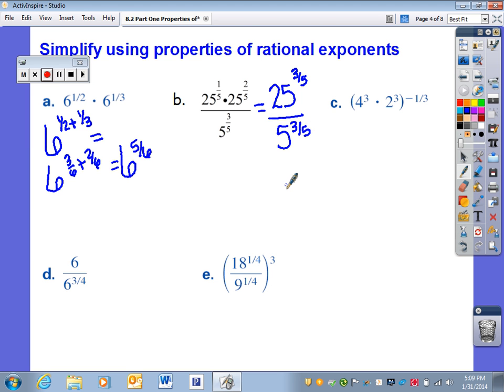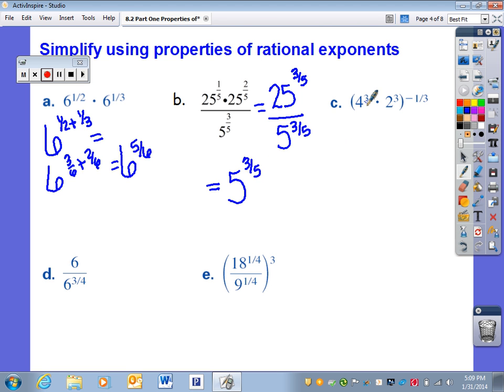What we talked about in the previous slide is that if you have the same index, which means the same exponent, we can work with the bases. So since we have the same exponent, we are able to divide the bases. So 25 divided by 5 is 5, and then that's going to be 5 to the 3/5 power, which means the exponent stays the same.